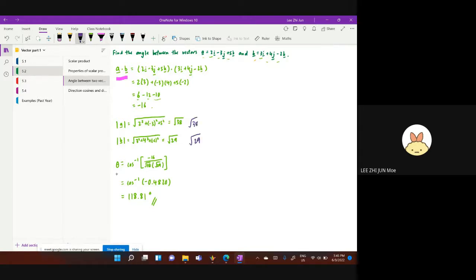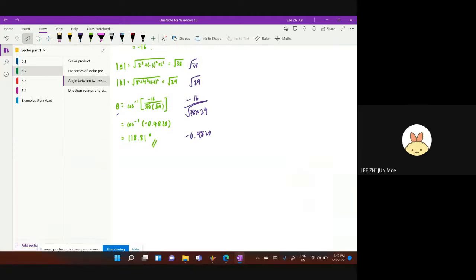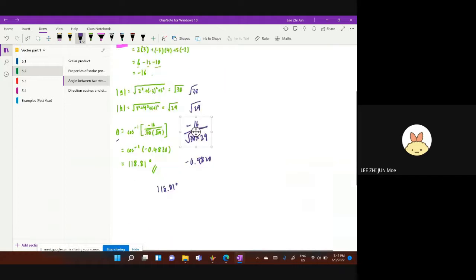So to find the angle, we take acos of negative 16 divided by square root 38 times square root 29. So I will get negative 0.4820. I take acos of it, and it will become 118.81 degrees.